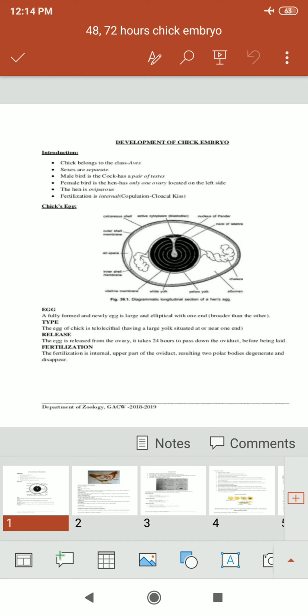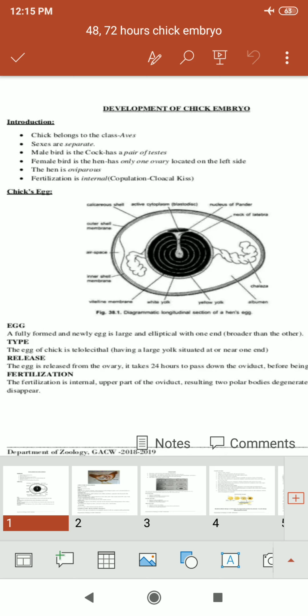The chick belongs to the class Aves, and the sexes are separate in the chick. The male bird, the cock, has a pair of testes, and the female bird, the hen, has only one ovary located on the left side, and the hen is oviparous.